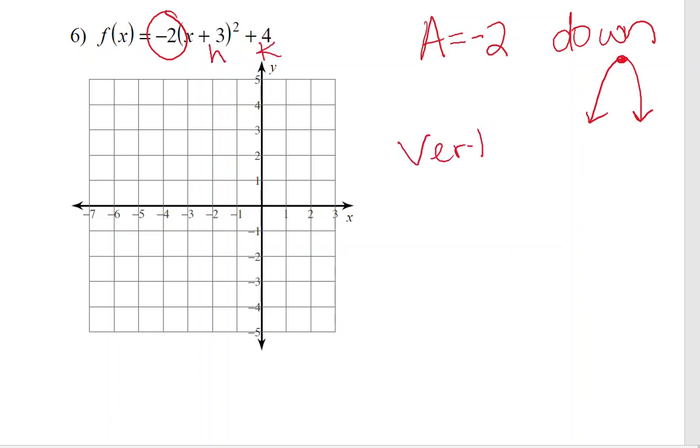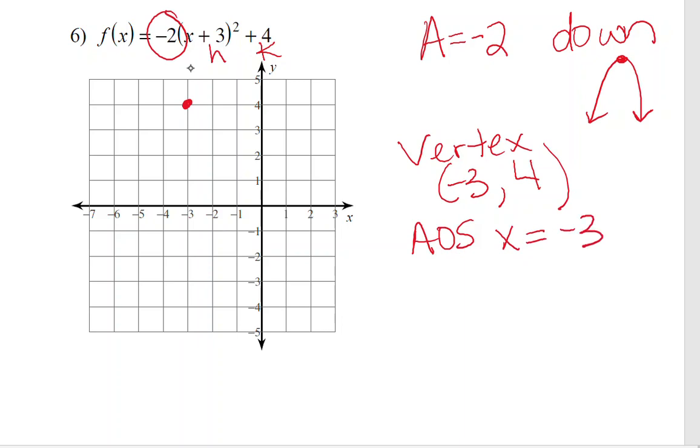So the vertex is the opposite of what we see for h, so negative 3, and exactly what we see for k, so positive 4. So (negative 3, positive 4) is my vertex, and the axis of symmetry is the x value of the vertex. So we're just going to draw a vertical line that represents the line in the middle.